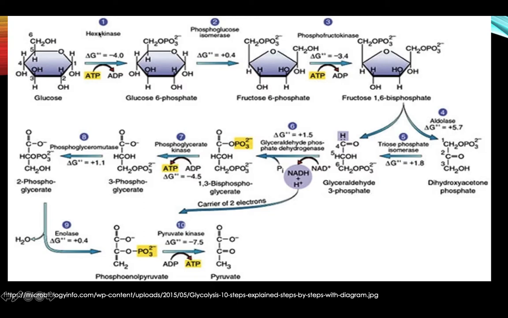The next part is when the glucose 6-phosphate is rearranged into fructose 6-phosphate by an isomerase. Right here, this is what we've got. Then the phosphofructokinase uses a cofactor of magnesium to convert it into fructose 1,6-bisphosphate.